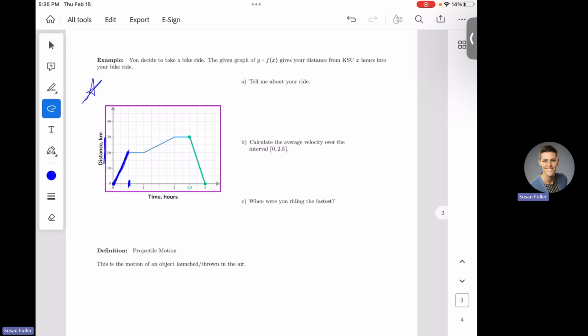So I know that this first part was being ridden at a constant speed because the slope is constant, right? It's a straight line. So for the first half an hour, you rode at a constant speed.